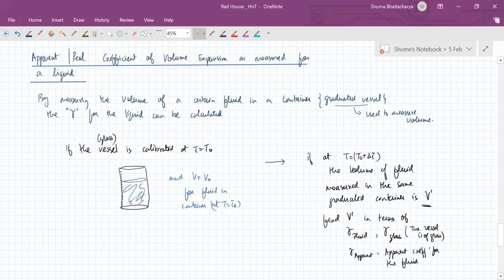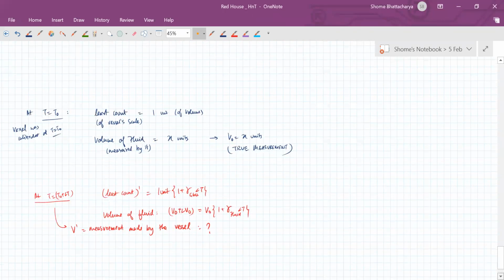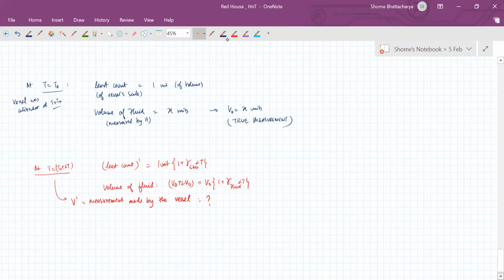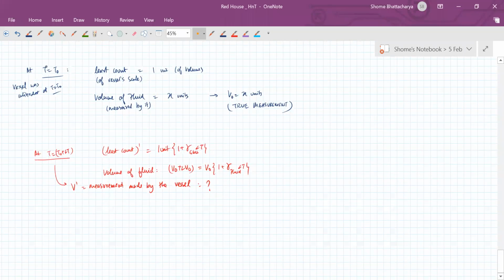Yeah, so let's understand this. What is happening is that at the original temperature, the least count of the measuring device is 1 unit of volume. So for example, the least count might be 1 milliliter. And the measurement that we are doing of the volume, the X value, might come out to be, let's say, 50.